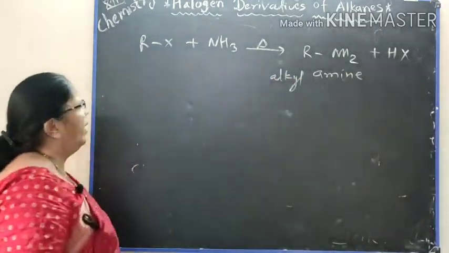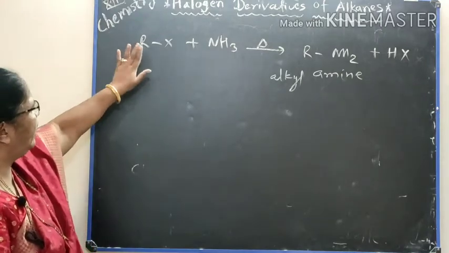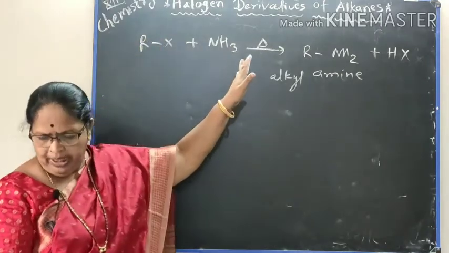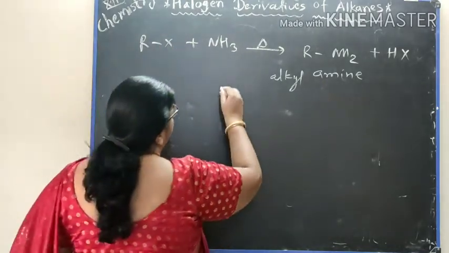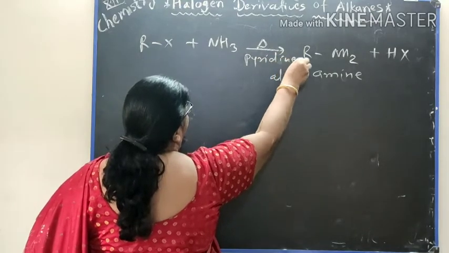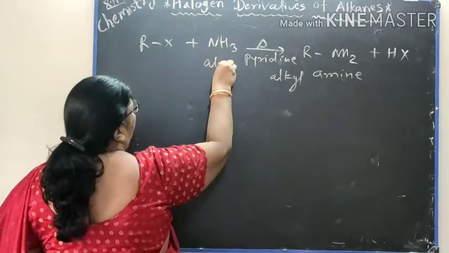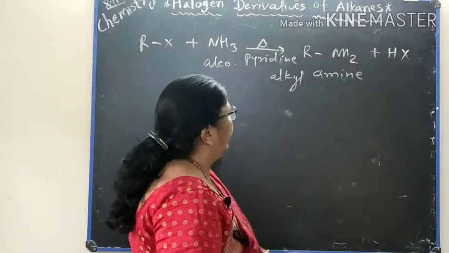So from alkyl halide we can also prepare amines. That means alkyl halide is treated with ammonia in presence of pyridine, in alcoholic condition, and it gives the amine with HX.